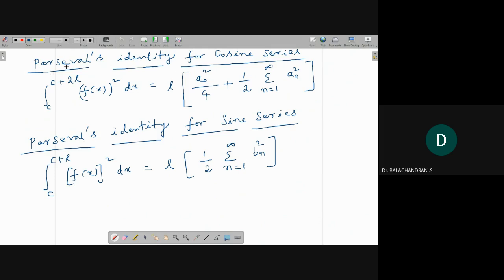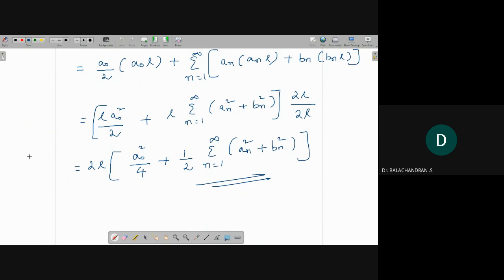So next one is Parseval's identity for cosine series. What is the left hand side here? The left hand side is the integral from c to c plus 2l of f of x whole square dx. So this is Parseval's identity for Fourier series. For the cosine series, you should write the left hand side as c to c plus L instead of c plus 2L.